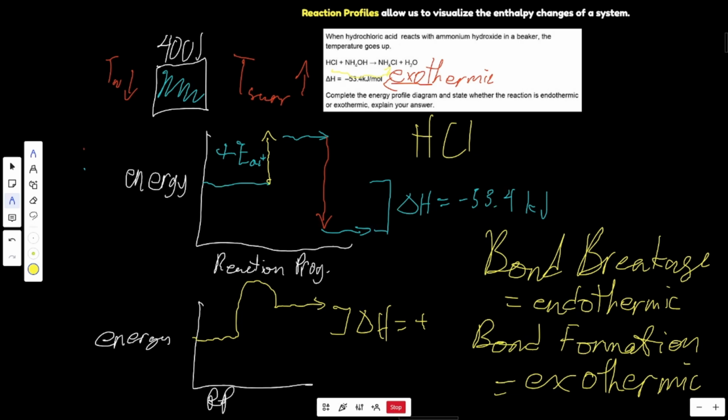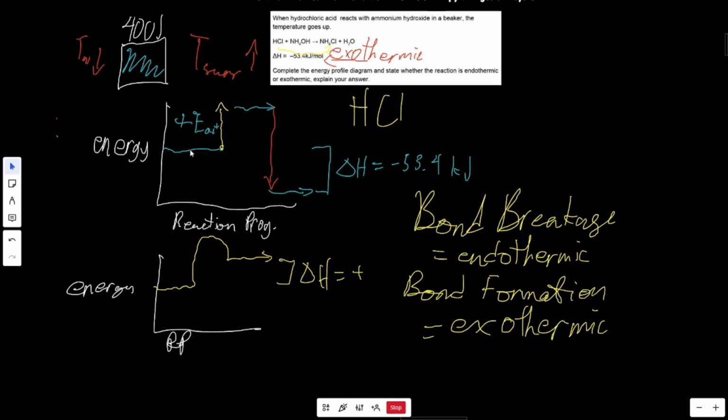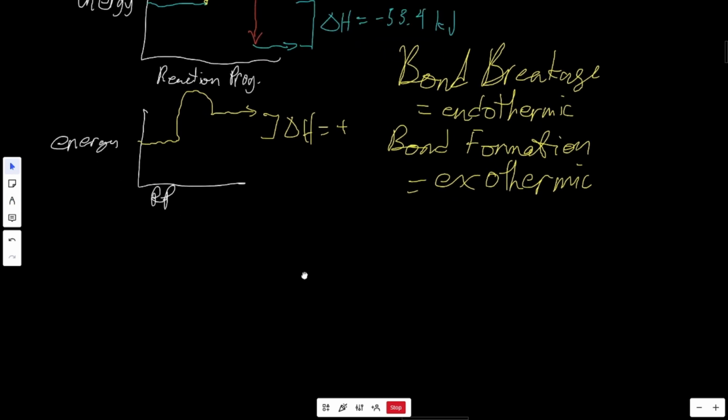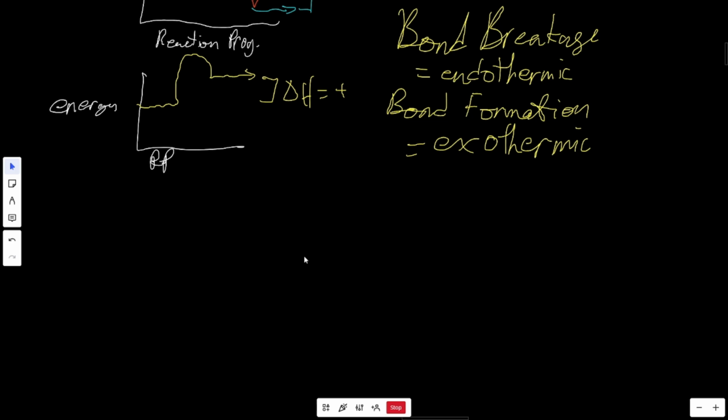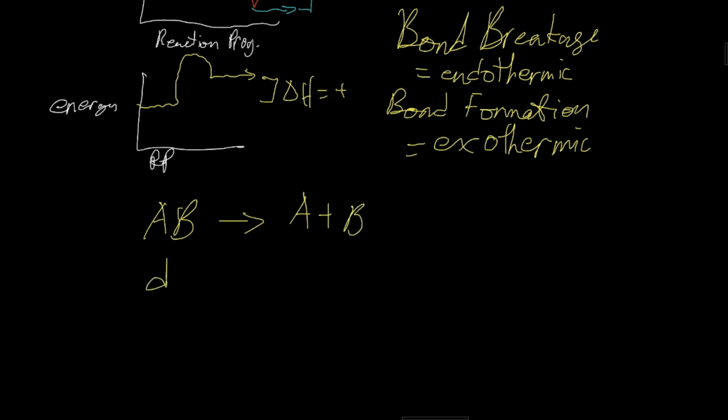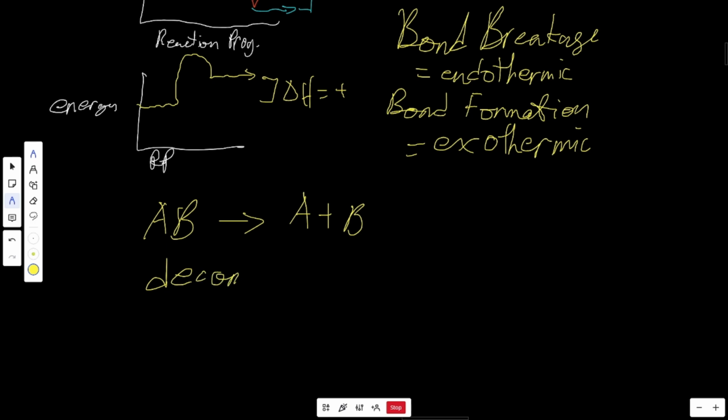So what type of reactions are typically endothermic and exothermic? Well, it's easy to understand from this. Because bond breakage is endothermic, whenever we have more bonds broken than we form, for example AB turns into A plus B, decomposition reactions are endothermic. Now, how about synthesis reactions?